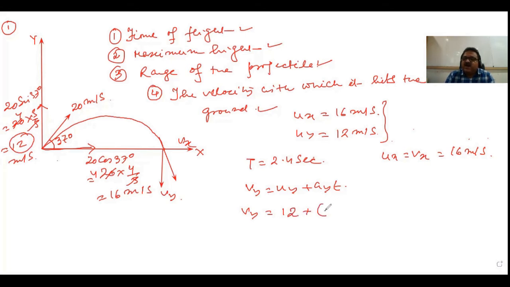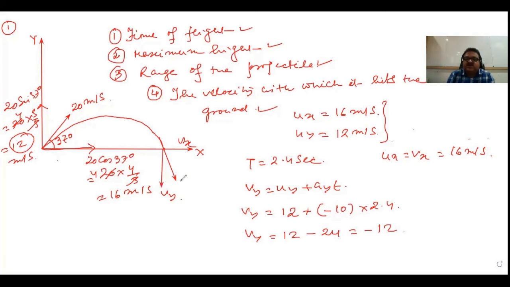Ay is minus g, that is minus 10, and time of flight is 2.4. So let me do the calculation first. 12 minus 2.4 into 10, it is 24. That is minus 12. Correct. What is the sense of minus 12? That means velocity is in downward direction.